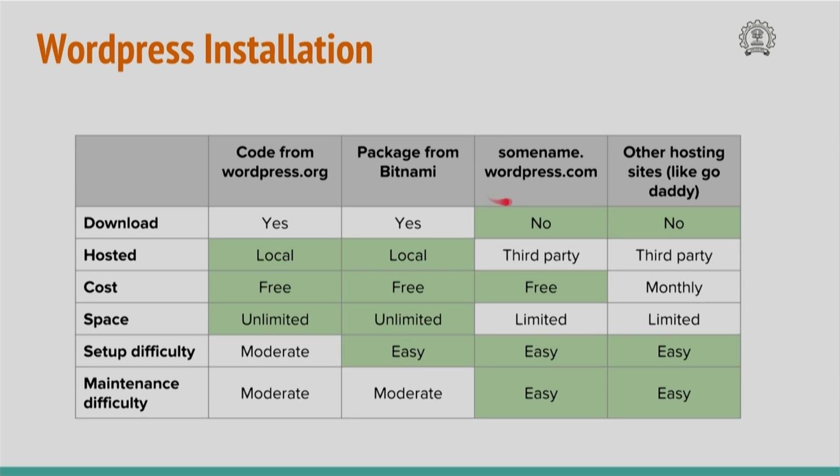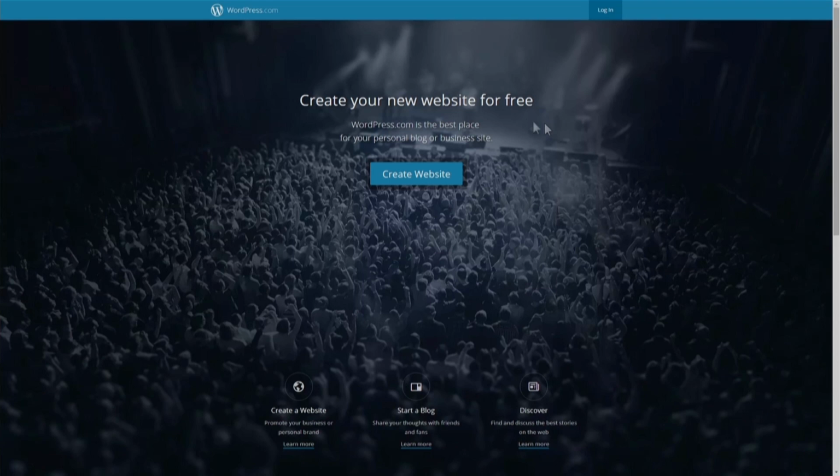What I will show you now is how to create an account and set up a website in wordpress.com. So I am going to switch over and show you how that is done. So I have entered the URL here, wordpress.com, and the opening page itself says that you can create a website for free.